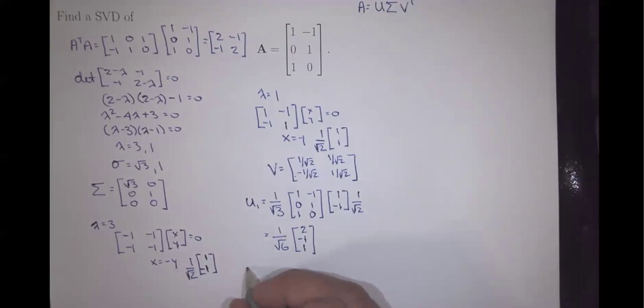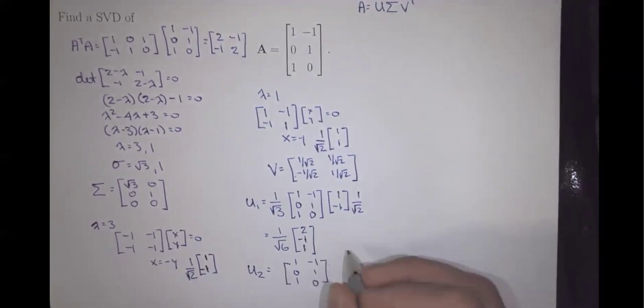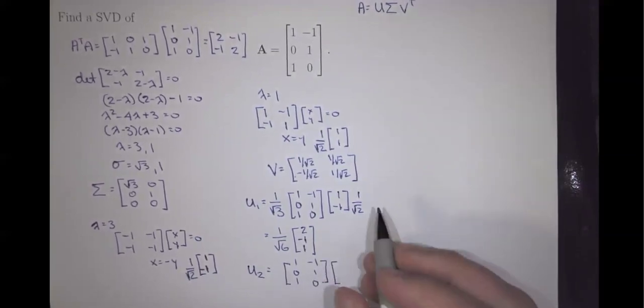And our U2 is going to be 1 over 1 times A times our vector V2.